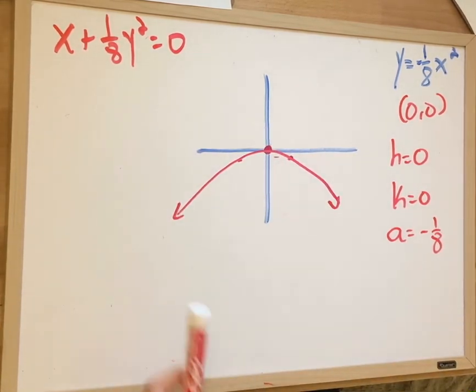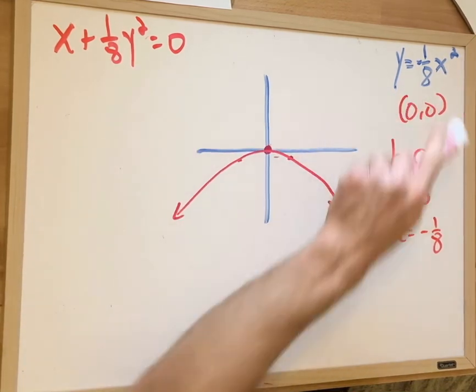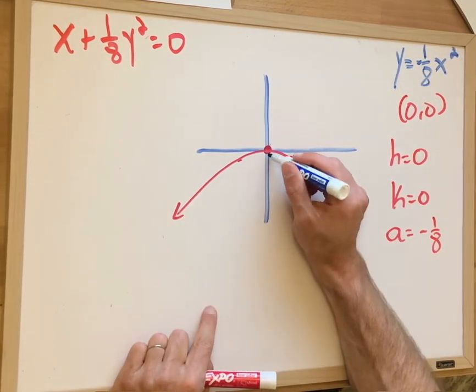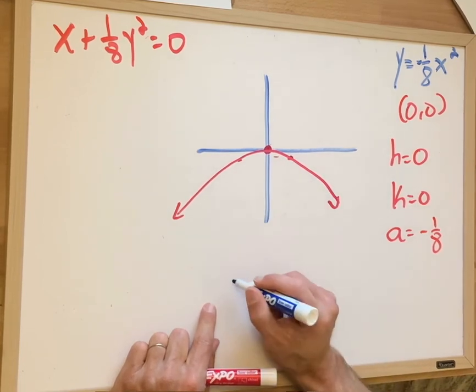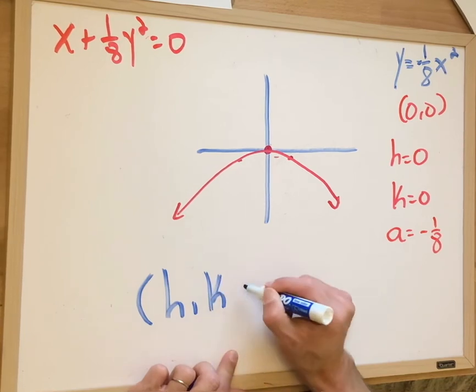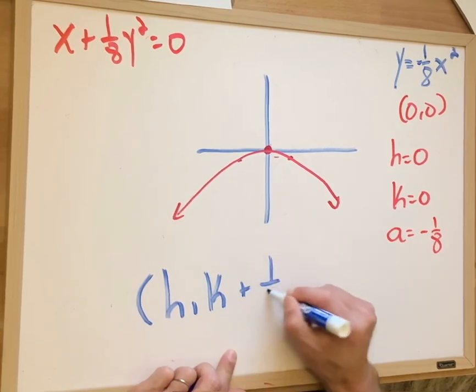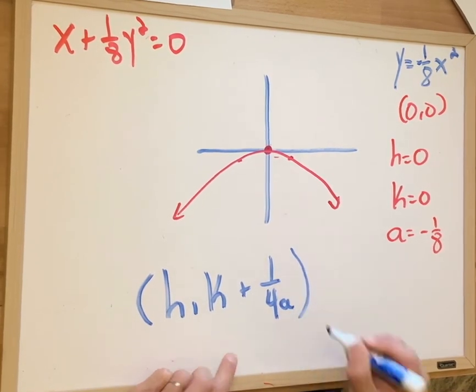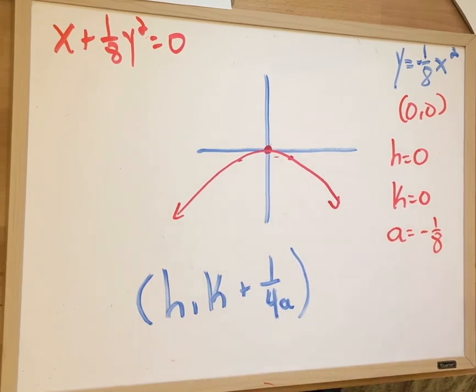I'm ignoring this right now. I'm going to solve for my directrix and my focus if I just had this equation. So my focus is going to be somewhere in here. And remember, the formula is h comma k plus 1 over 4a. All right, I'm going to replace everything with these right here.